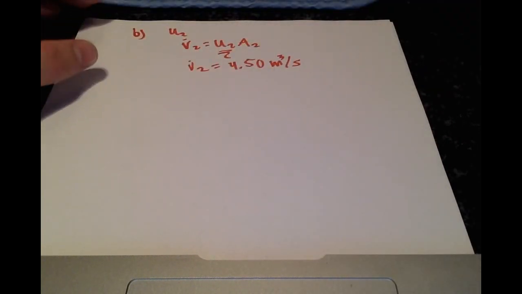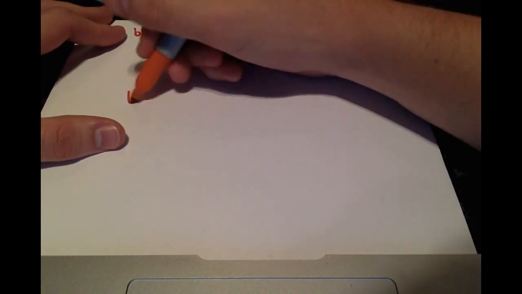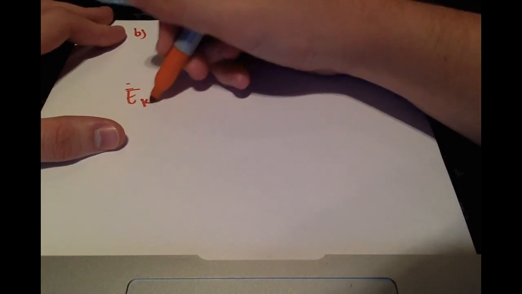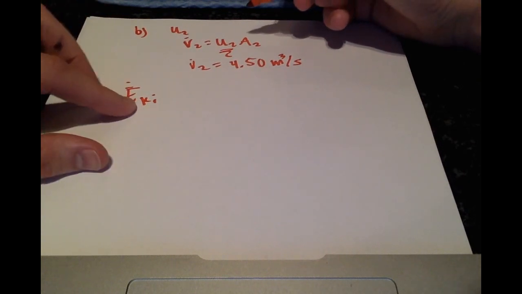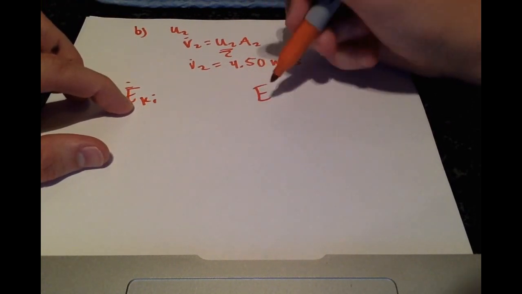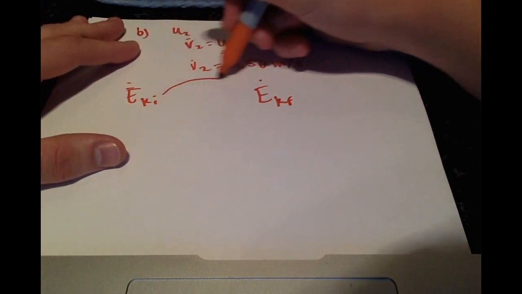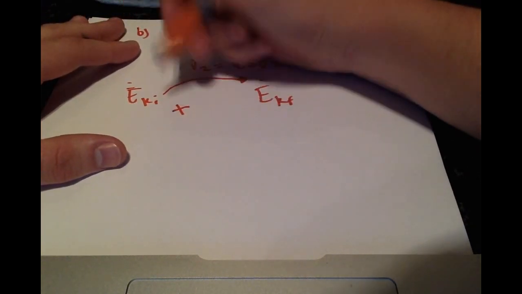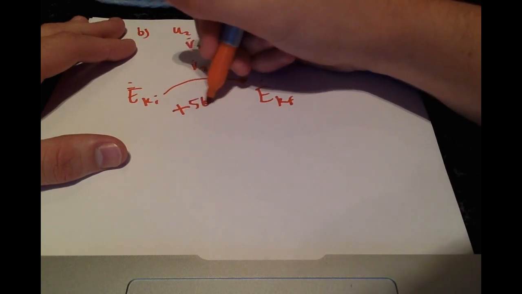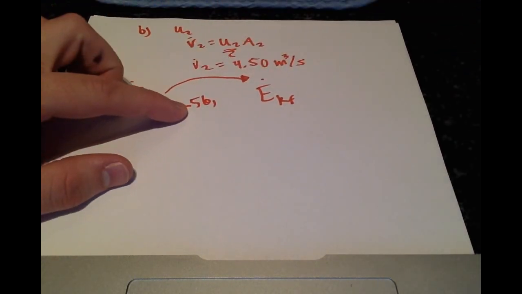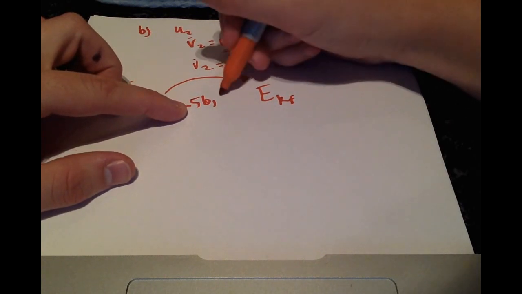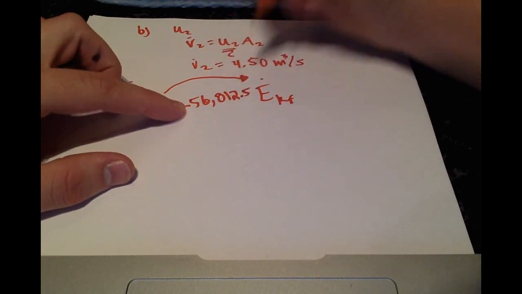Alright, so what can we take away from this? So, looking at our initial kinetic energy and our final kinetic energy, they tell us that the rate of the kinetic energy increases by 56,812.5 watts.